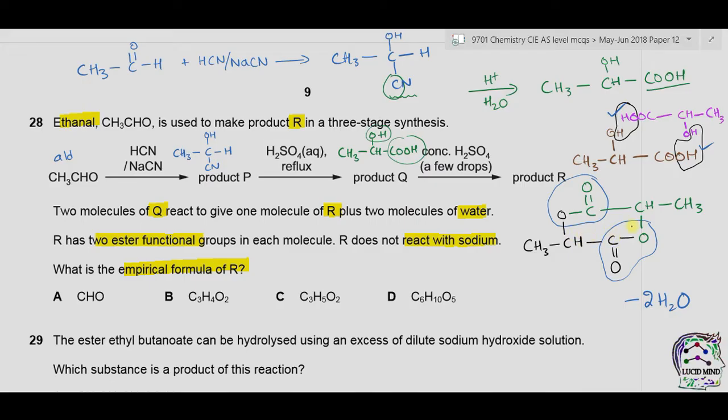Now finding out the empirical formula, we have 6 carbon atoms, 8 hydrogen atoms and 4 oxygen atoms. So the simple ratio will be C3H4O2. So the empirical formula will be B.